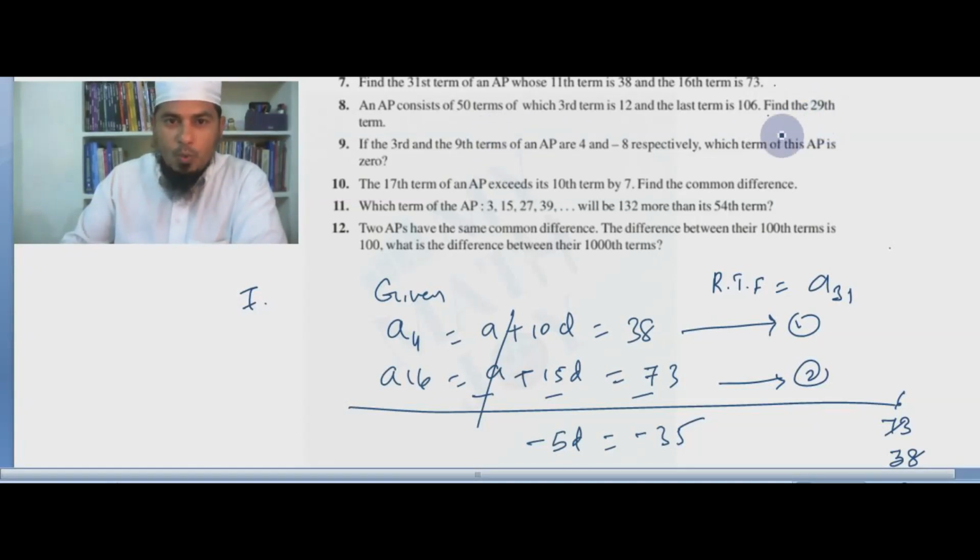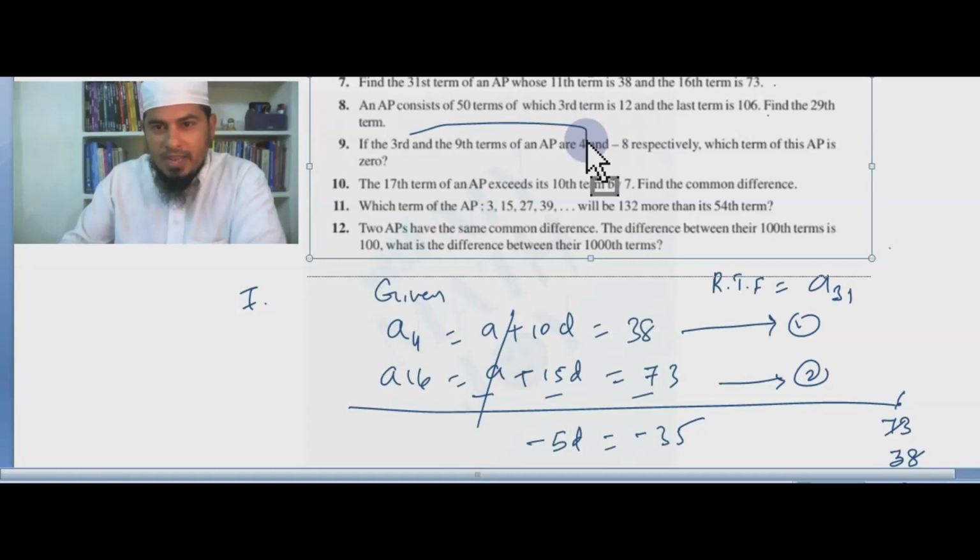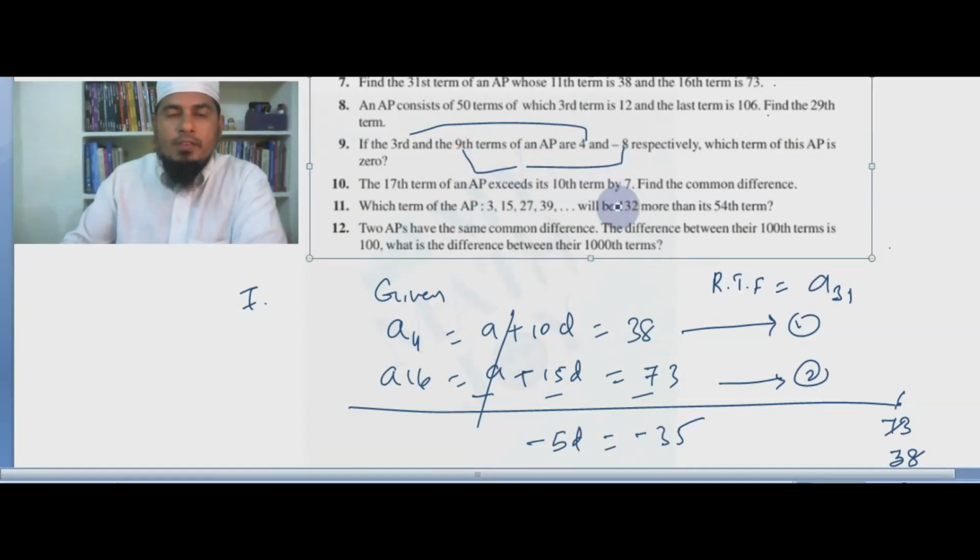Okay, well. 9th question: if the third and 9th terms of an AP are 4 and minus 8 respectively. Third term is given as 4, 9th term is given as minus 8. It means 2 terms are given. When 2 terms are given, it will become similar.